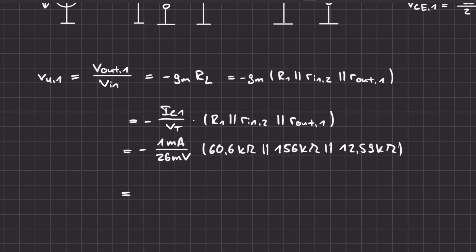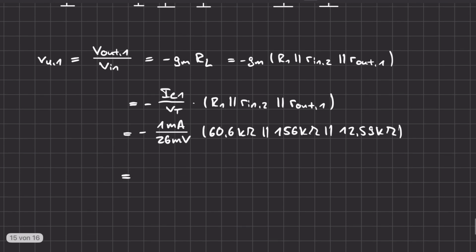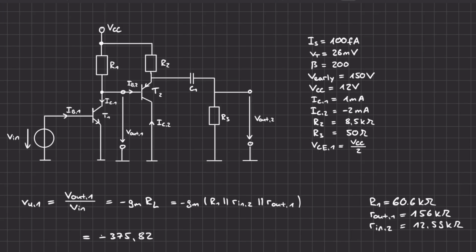So the final result for the voltage gain is minus 375.82.